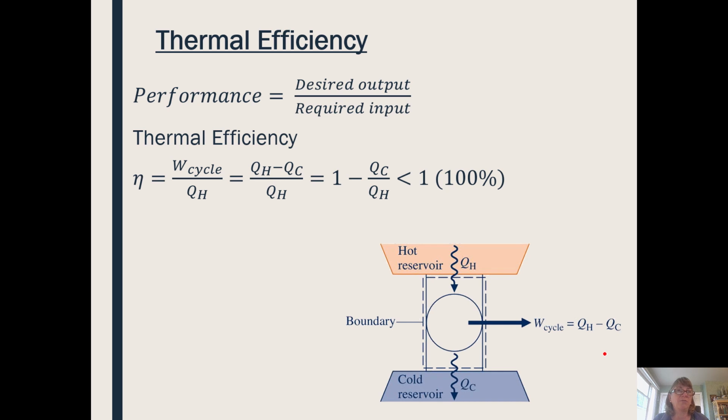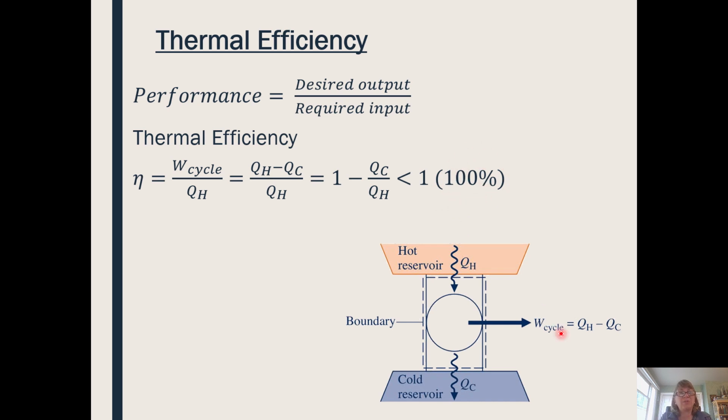Just recall from before, this is a bit of review: the heat in minus the heat out, divided by the heat going in, is our thermal efficiency. And our thermal efficiency can't be more than, or equal to, 100%. It's always less than 100%.